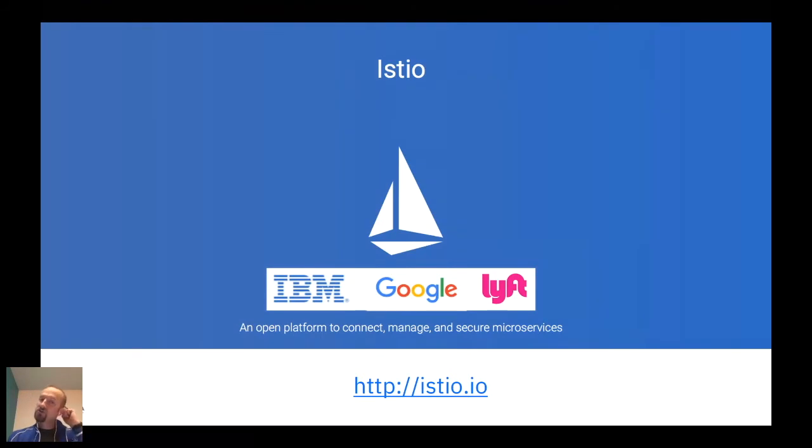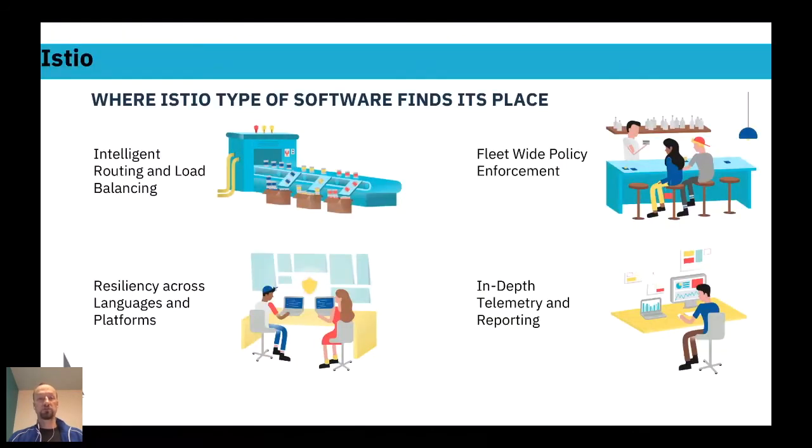A little bit about Istio. That's going to be the last subject in this cycle of webinars. Istio is a system to manage your deployments. Where Istio-type software finds its place is intelligent routing and load balancing, so you know where requests are going. It's enforcement of the policies, which is also very important.